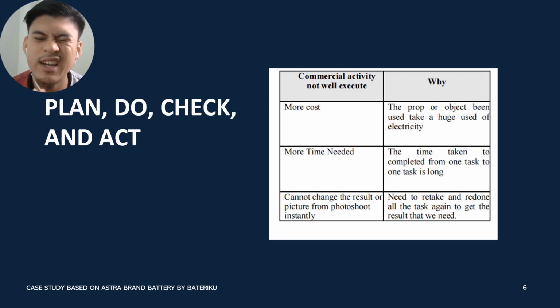So it needs a lot of time and a lot of things to do. So we cannot change the result or the picture instantly, and also we cannot edit it instantly, so we need to retake it again.